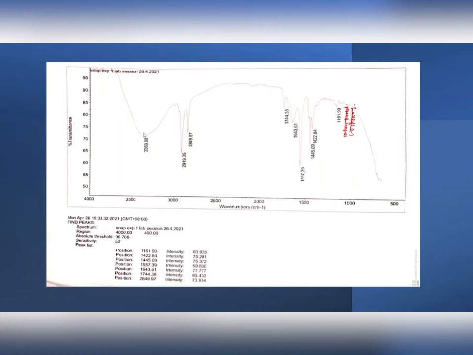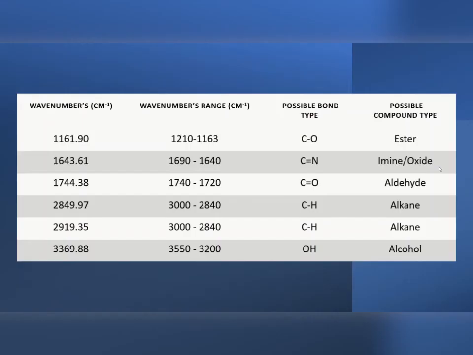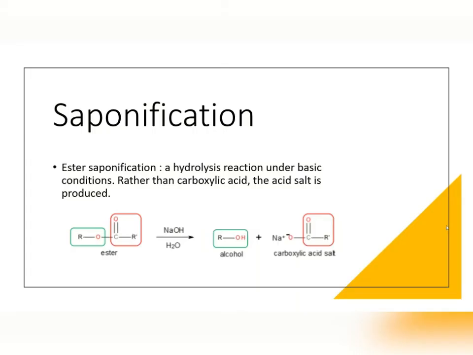From there, we can see broad, medium, and a few other peaks. To simplify this, we tabulate the data, and the possible compound types that have been analyzed are ester, imine or oxide, aldehyde, alkane, and also alcohol.